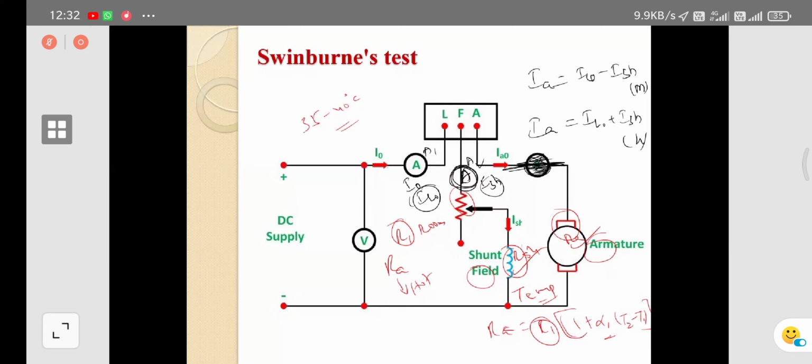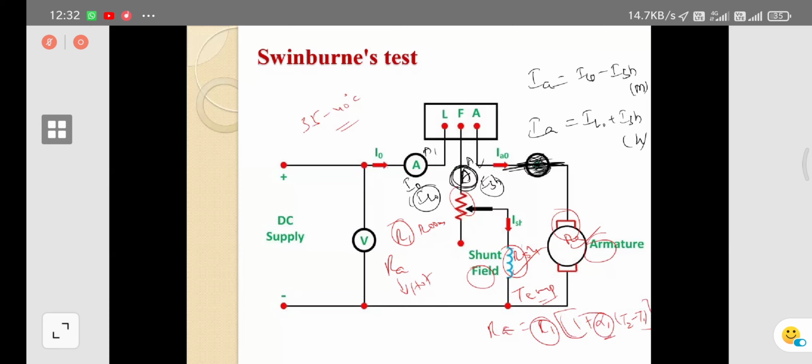Generally, alpha 1 is the temperature coefficient of resistance for copper at T1, like 10 degrees here.